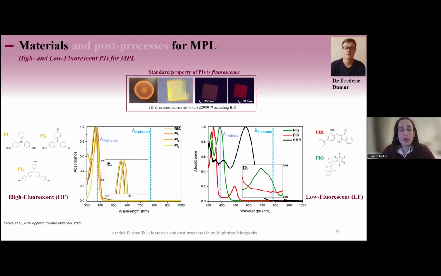If we take into account that the laser that we used for the characterization in MPL was 780 nanometer, they show a prominent absorption peak where 2-photon absorption will take place, while the low fluorescent ones show a bit more mixed absorption properties, which we'll discuss during the nonlinear optical properties that we found.